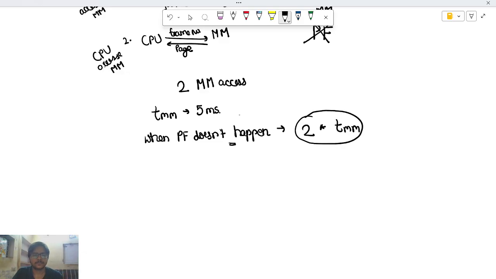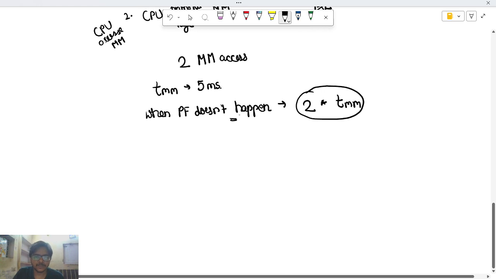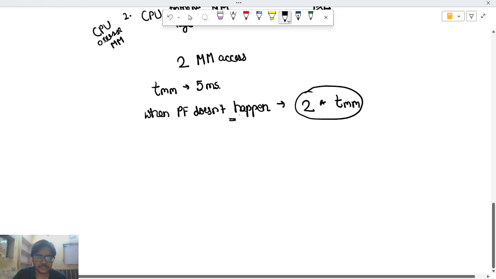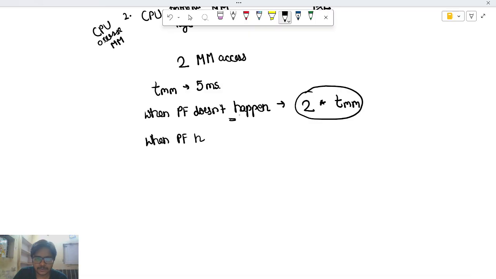And whenever a page fault happens, then you don't need to think of anything. In the problem itself you will be given a time which is called page fault service time.